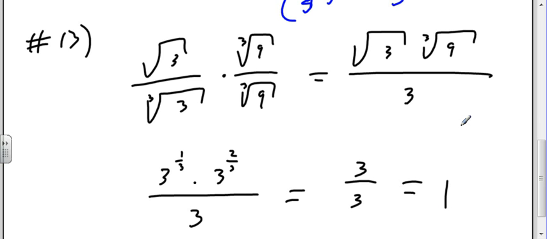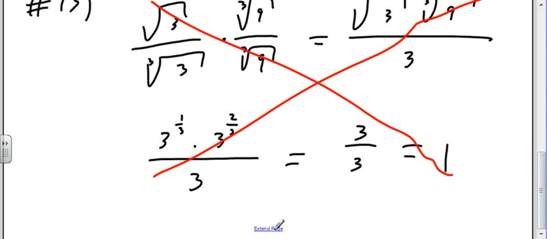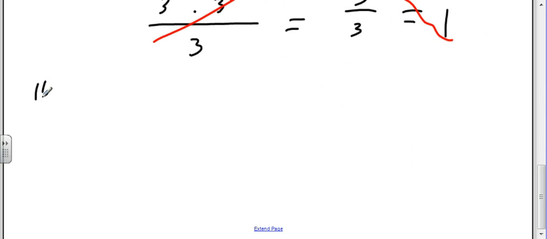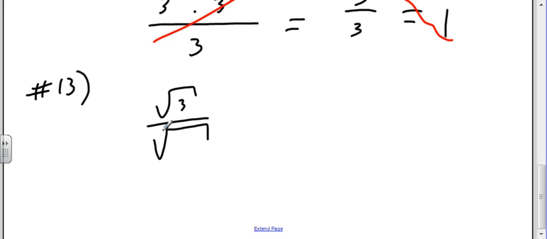So now the problem is, what did we do wrong to make it that way? My calculator did not say the answer was 1. So I got square root of 3 over the cube root of 3. So this is 3 to the 1/2 divided by 3 to the 1/3.